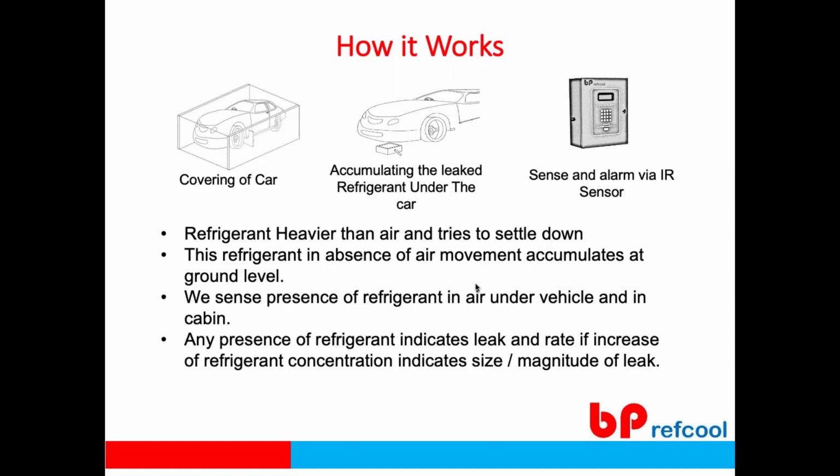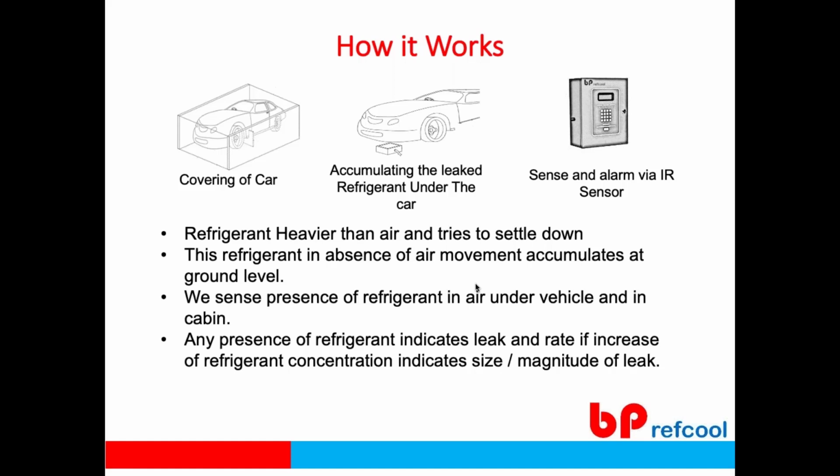As it comes down, we have a sensor underneath the car and under the cabin which detects and tells us the ppm level. So if there is a leak, we are going to sense the refrigerant presence in air. If we wait slightly more time, we can also see the rise of this ppm level because it's not getting mixed with the outside air.